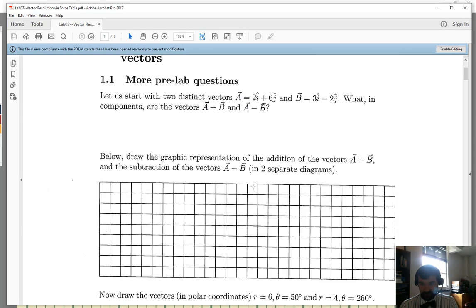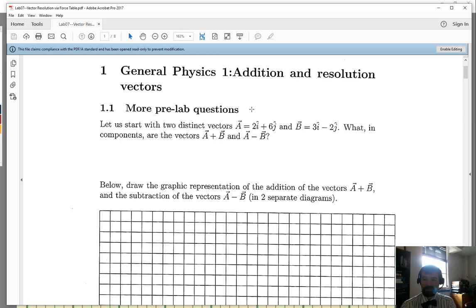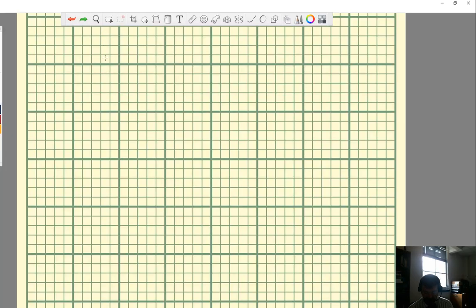Alright, so there's a little bit of stuff in the pre-lab questions about adding vectors and using vector components in I-hat, J-hat notation. I-hat, J-hat notation basically just means that you are using the vector with a component along the x direction and a component along the y direction. So if I open up my workspace here, basically we need to make a scale in here somewhere.